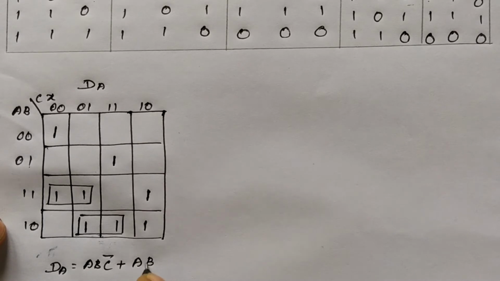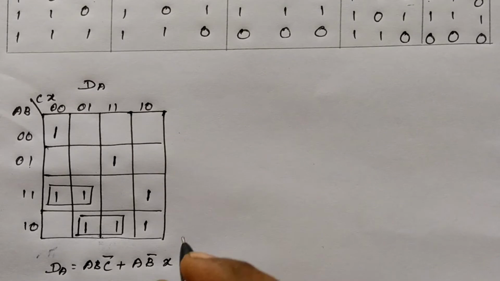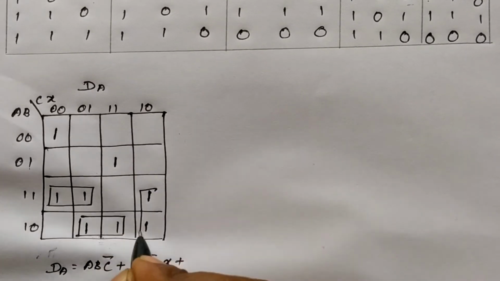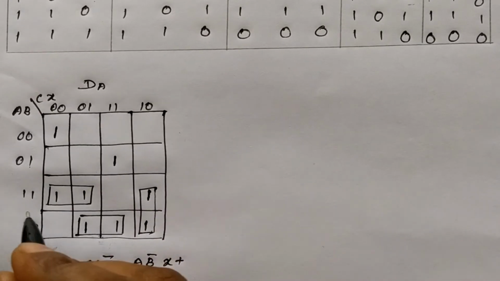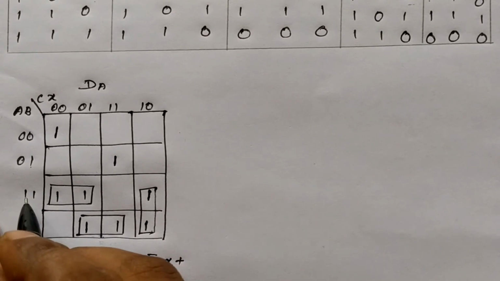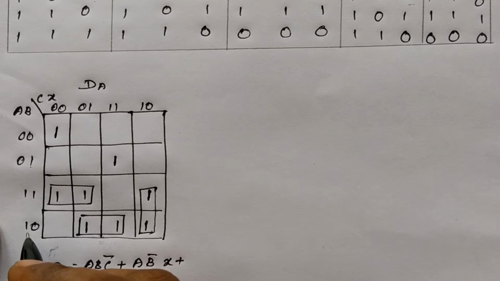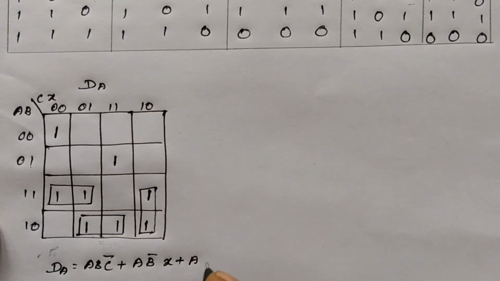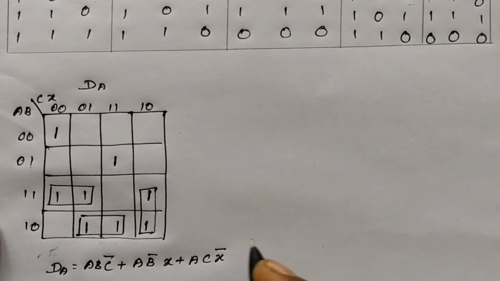Therefore, A B bar. Between these two, X is common and its value is 1. Therefore, X plus, here we can go for a pair, and here A value is common and its value is 1. Therefore, A C X bar.